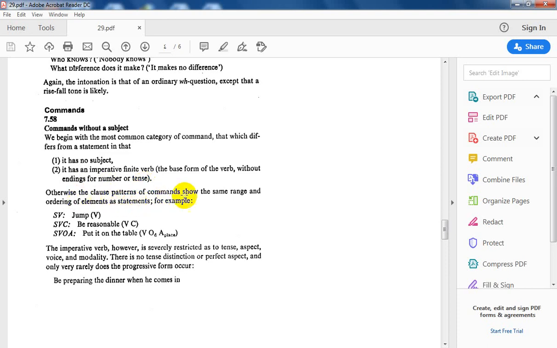Otherwise, the clause patterns of commands show the same range and ordering of elements as statements. For example, SV: you see "jump".